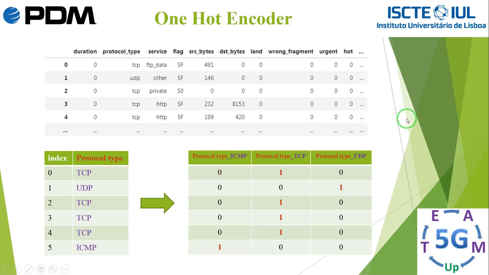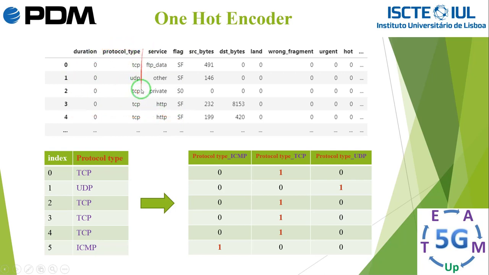Here you can see another example. Each of these rows is one sample and each of these columns is a feature. So here we have 1, 2, 3, 4, and 5 samples.